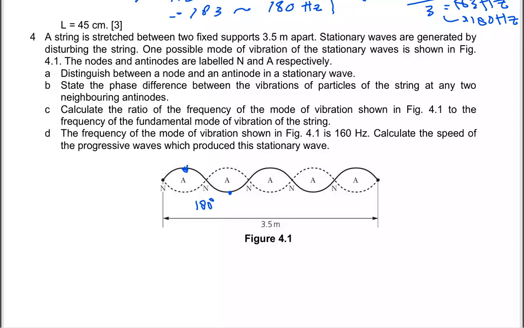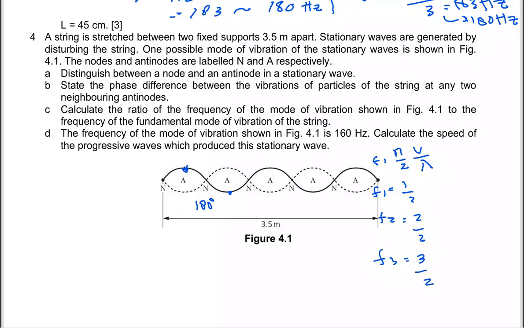Calculate the ratio of the frequency of the mode of vibration shown here to the frequency of the first mode. We see here we have 5 loops. Remember the pattern of stationary waves in a string is n v over 2L. So the first frequency is half wavelength, the second frequency is 2 per 2, the third frequency is 3 per 2.